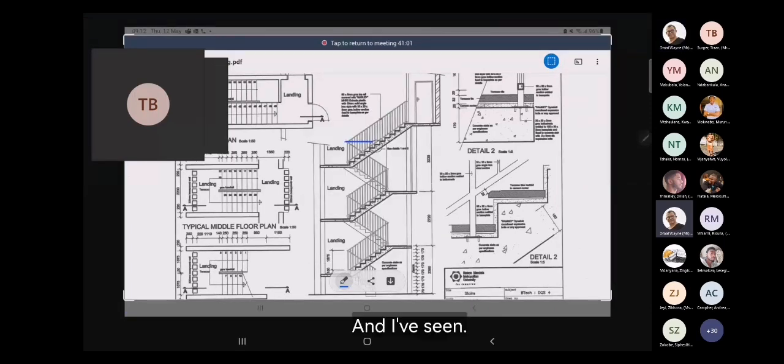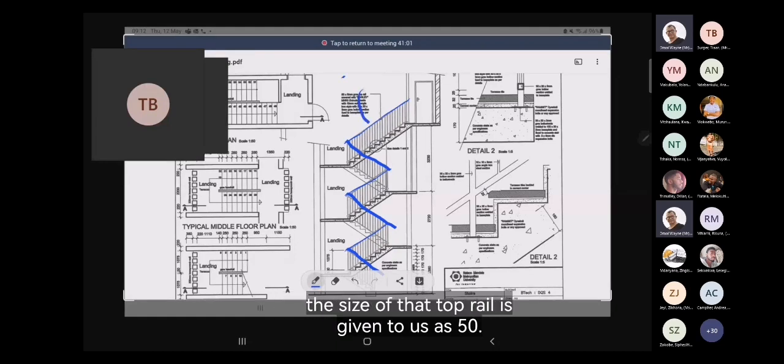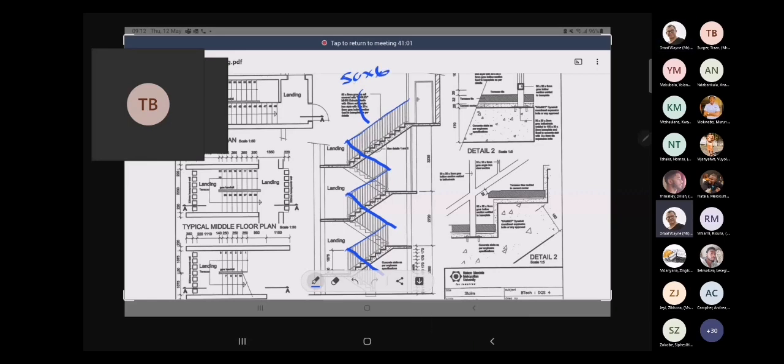As I've said, my top rail. Everything marked in blue there is my top rail. And the size of that top rail is given to us as 50 by 6. Right?